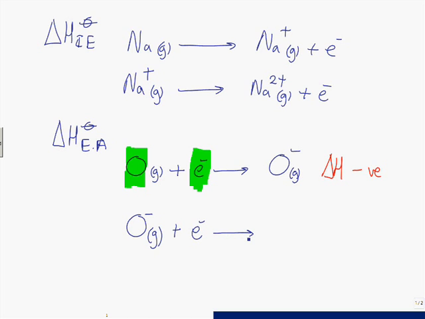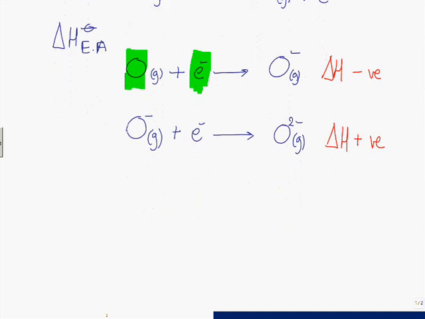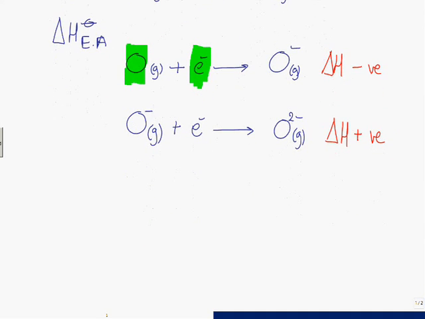And for that, you tend to find that the repulsive forces between the electrons and the electron being added are greater than the attractive forces between the electron that you are adding and the positively charged nucleus. And that means that this process is an endothermic process. So that's electron affinity.